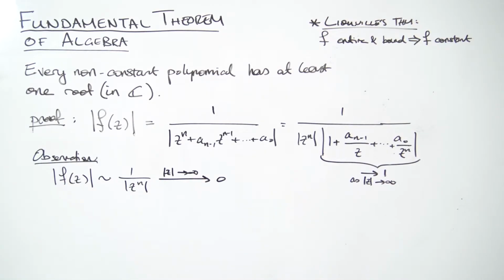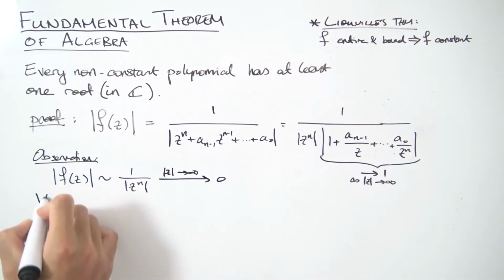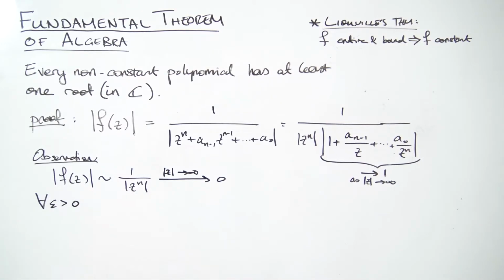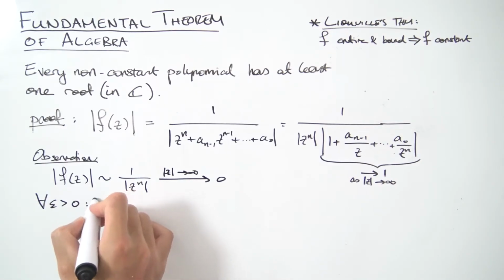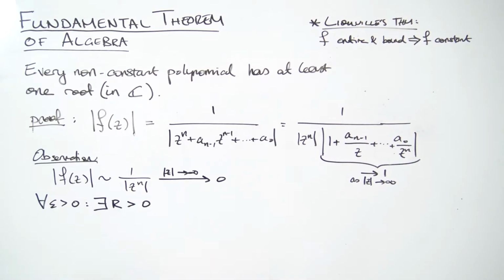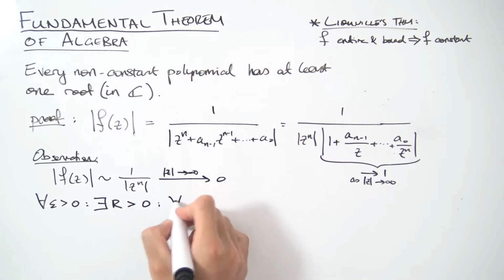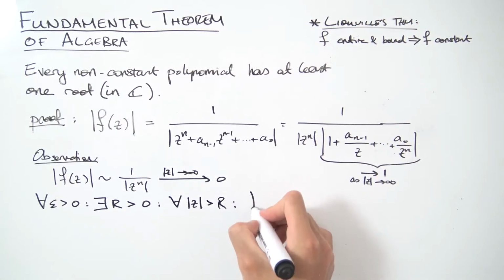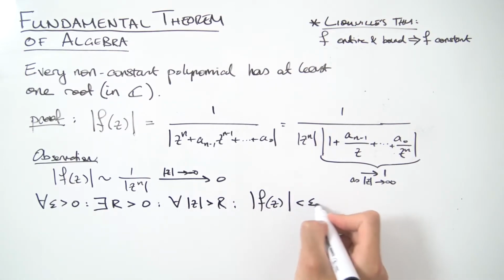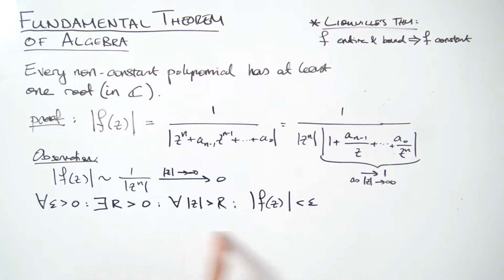So we're doing all of this because I want to come up with a bound for the tail end of our function f of z. Because we have this limit over here, we can say for all epsilon greater than 0, so I can pick any epsilon greater than 0, there exists some radius r greater than 0, such that whenever the absolute value of z is greater than r, my function f of z is less than epsilon. This is kind of like the definition of convergence from real analysis.